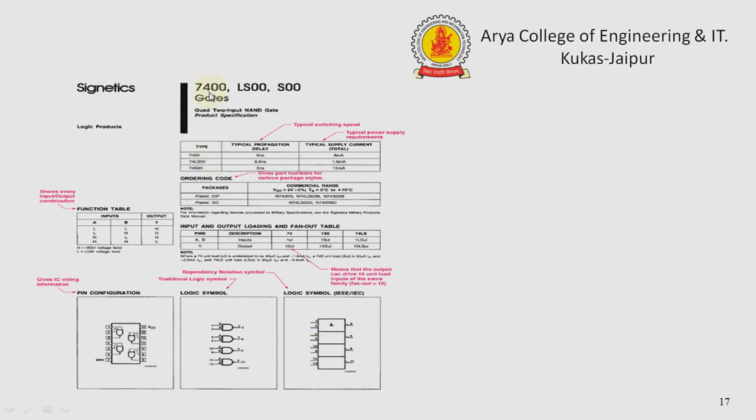We are showing here the data sheet of the 7400 gate IC series. Here are the ordering code and the function table for the values of A and B inputs from which we get the Y output, and these are the logic symbols of these gates, and this is the pin configuration.